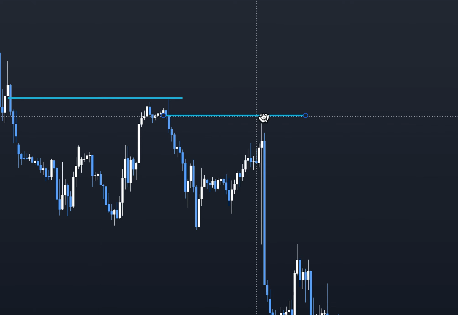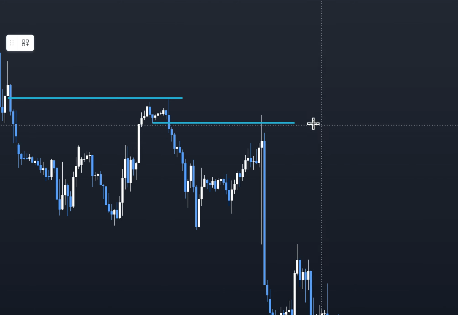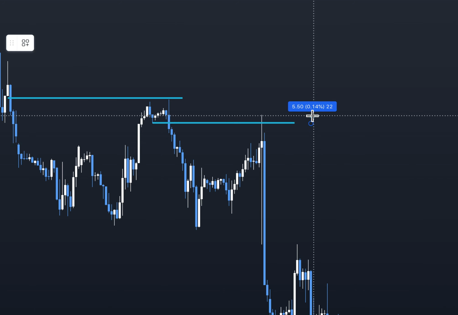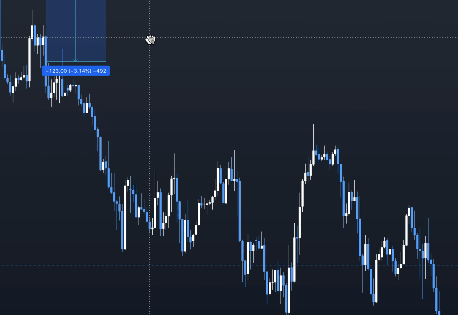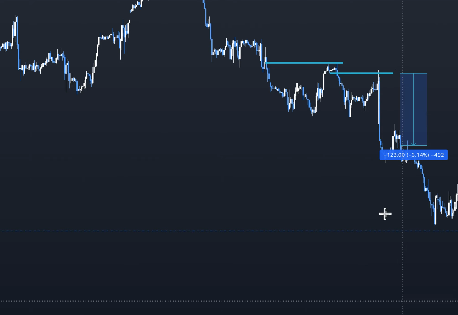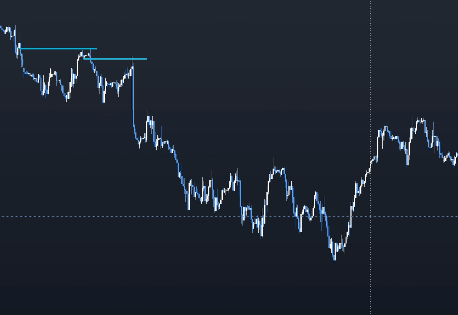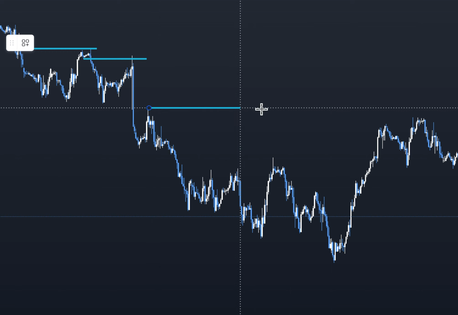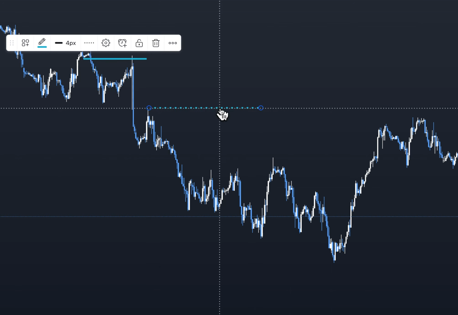However, what would you have done? Here's a backside. You would have re-entered. How much heat would you have taken? Wow, 5 points. And then just gargantuan move down. And what I'm looking for when I'm watching this, I'm looking for, all right, there's an obvious break level.